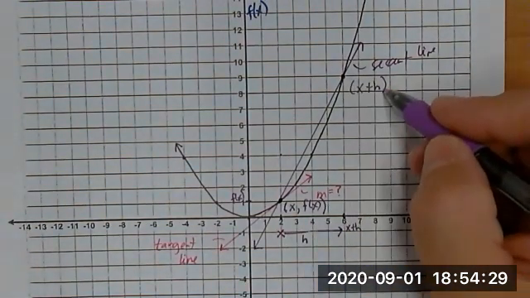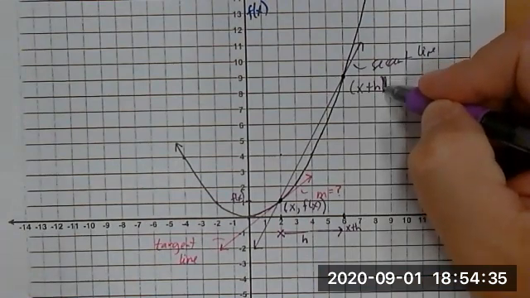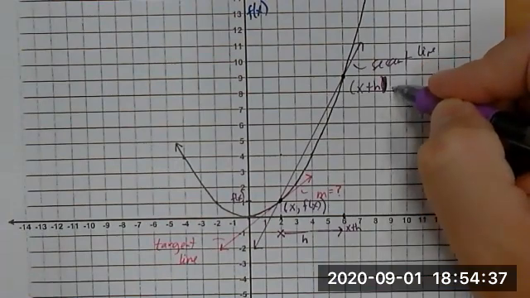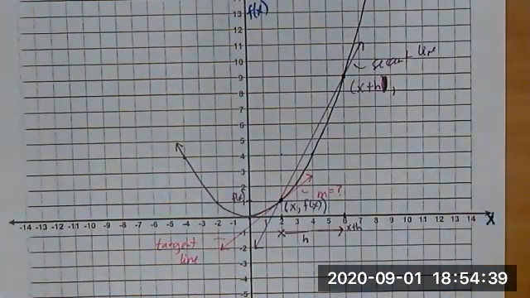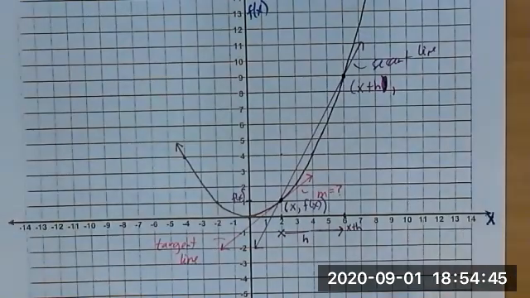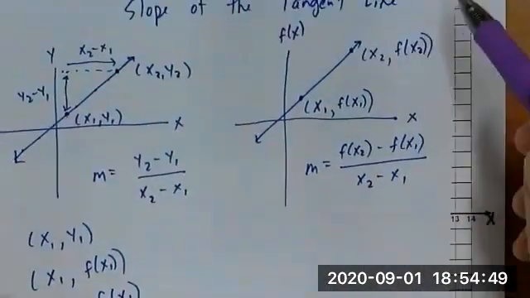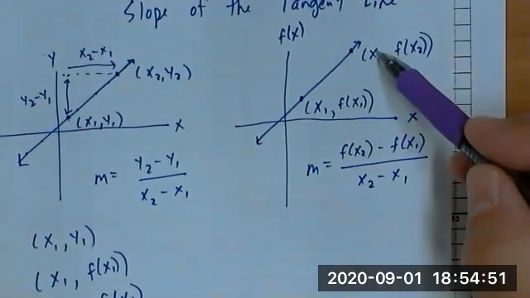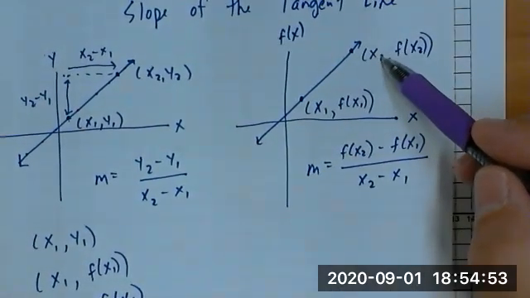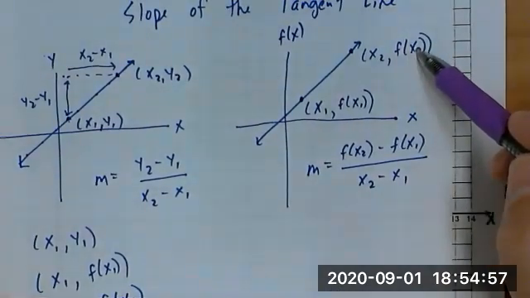So for this point, x plus h is the value of x. Now the value of y, in function notation, let me go back here. Whenever you have a point in function notation, if this is my x2, in function notation it's just f of x2.